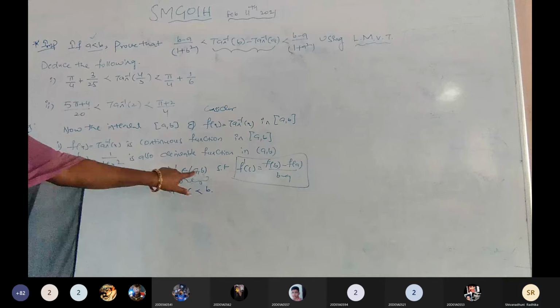Okay. Any more doubts? What is there from the first, amma, what I wrote is Lagrange's. f of x equals tan inverse of x is a continuous function. This is a known function, so it is definitely continuous, and we do not need to check. And f dash of x, the derivative of tan inverse of x, is 1 by 1 plus x square. That is the derivative formula. It is always derivable because this is a known function on a known interval. Then it is a derivable function, is it right? Now, what is Lagrange's mean value theorem?